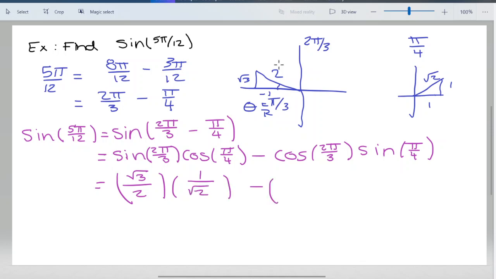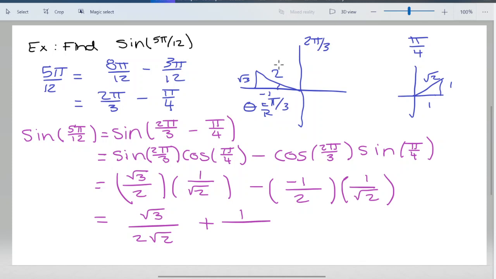Minus, cosine of 2 pi over 3 is going to be the adjacent side -1 over the hypotenuse 2, and then sine of pi over 4 is going to be my opposite side 1 over my hypotenuse root 2. So this is going to give me root 3 over 2 root 2, and here I have negative times a negative, so positive 1 over 2 root 2.